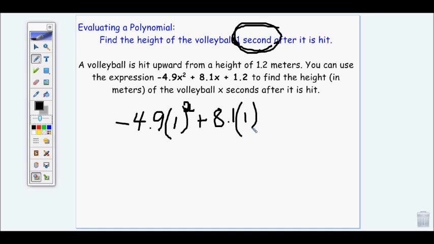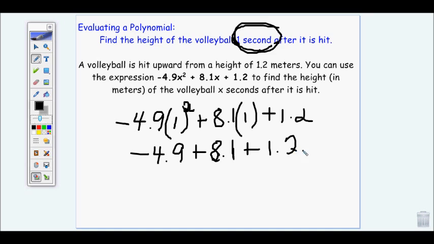We're substituting our x's for 1, plus 1.2. So if I do this, 1 squared is still 1, so negative 4.9 times 1 gives me negative 4.9. 8.1 times 1 is 8.1 still. And then my constant term will stay the same as well.